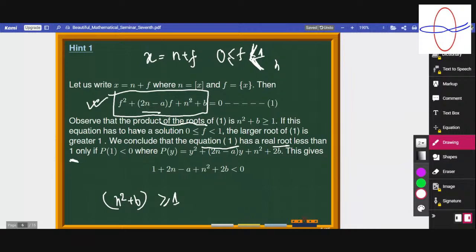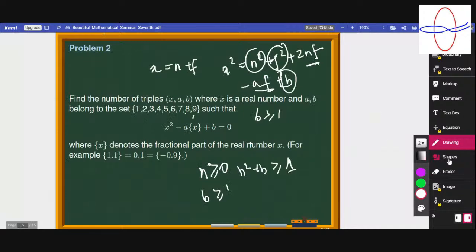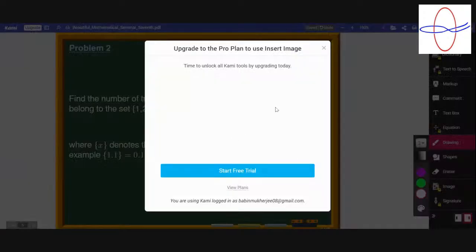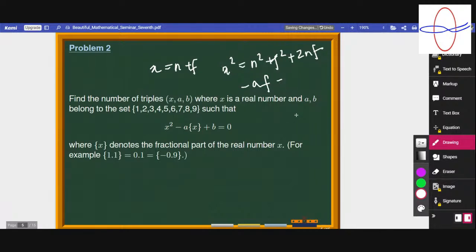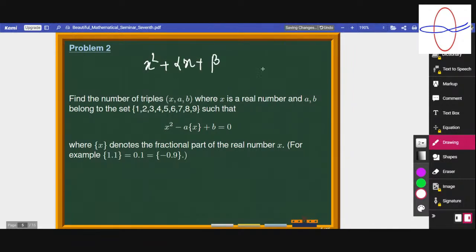Now, can you tell me, if it has one real root less than 1, then why will p of 1 be less than 0? So rather, my question is this. Let's see, taking any equation x square plus alpha x plus beta, okay?